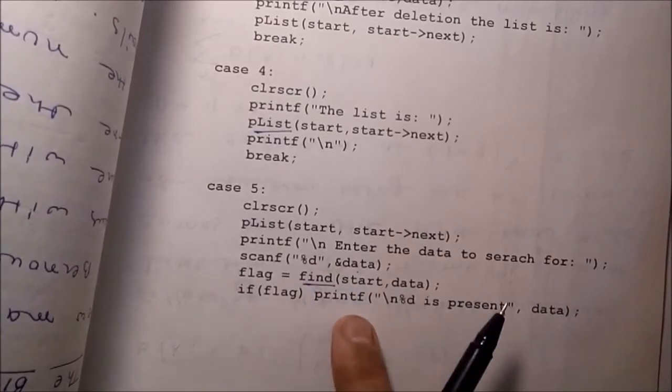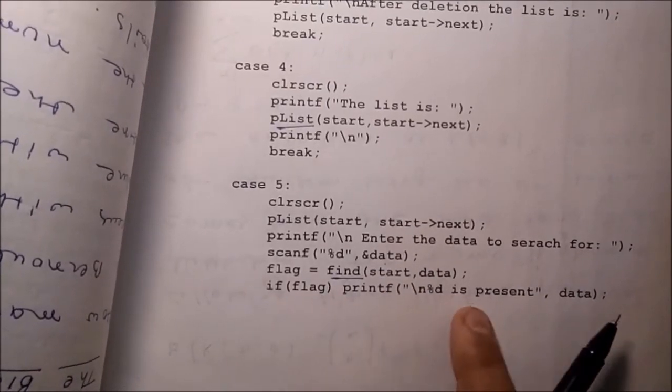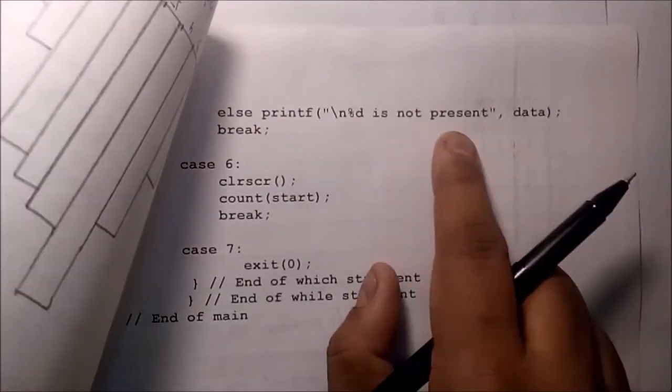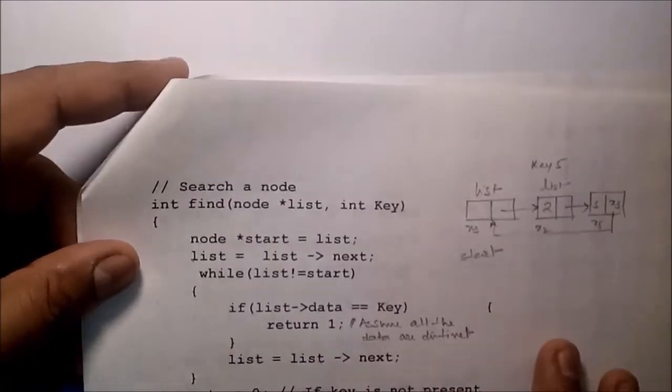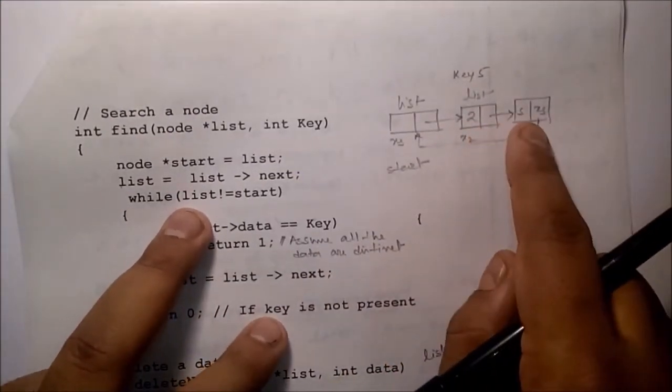So if flag is 1, then printf data is present. Okay, and otherwise if it returns 0, then printf the data is not present. Clear? Now you can see the search function. Now here we can say whether 5 is there or not.